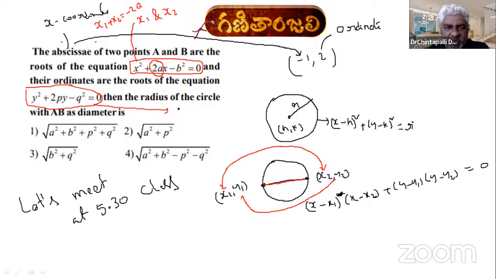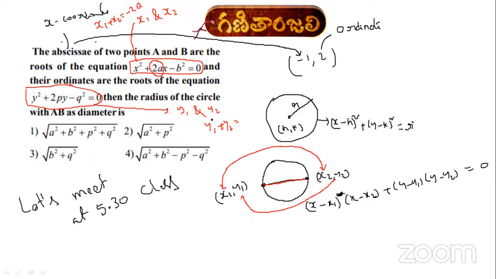But y1 and y2 are the roots of this equation. Using the same formula, please tell what is the value of y1 plus y2? Sankiti, what is y1 plus y2? Minus 2p. That's good, minus 2p.